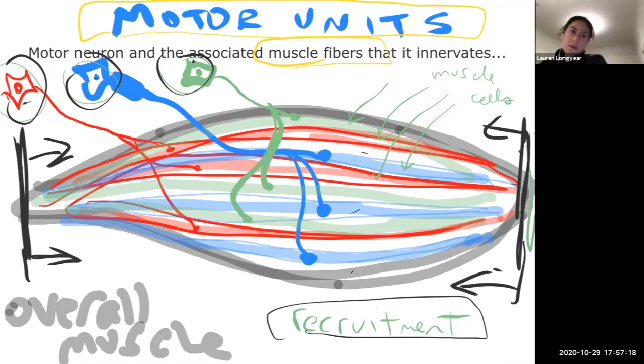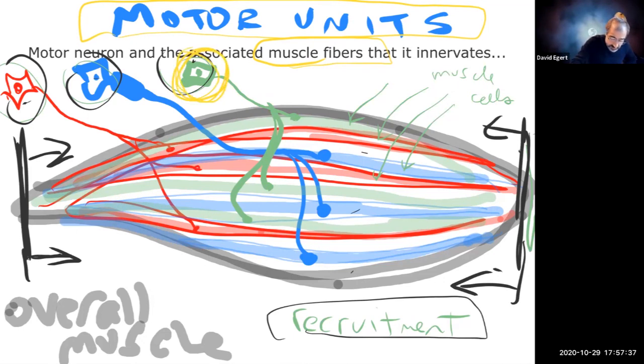Do you start to recruit more of the motor neurons that are attached to the slow oxidative fibers? So it's more about what we call asynchronous recruitment. Let's say I'm using this one right now, and these fibers are starting to fatigue. I can just rotate. Let this one take over now and let these ones recover.